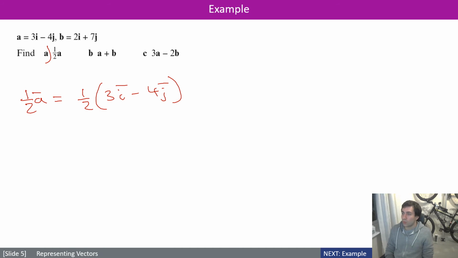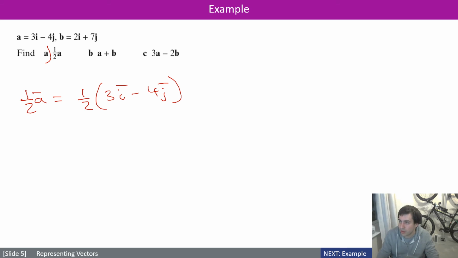Now, what you can do is you can almost treat i and j as if they were just like any other variables in algebra. Again, you can't take that for granted. That would have had to have been proven at some point, but it turns out that yes, you can. And that's by virtue of the fact that we showed previously that if you multiply a vector by a scalar, it's just multiplying every element by that number.